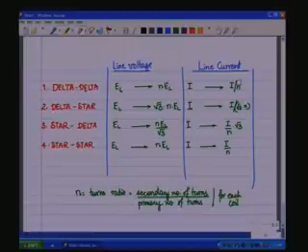Likewise, you could see that if n is greater than 1, the line current in the case of the delta is going to be less on the secondary side.